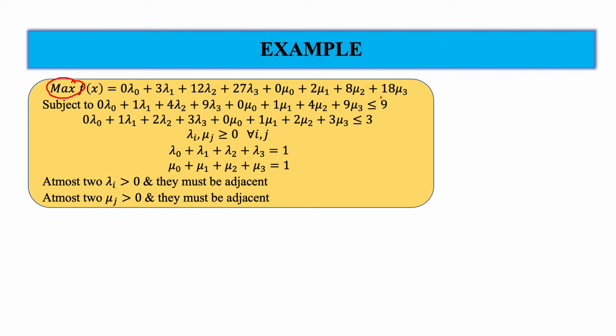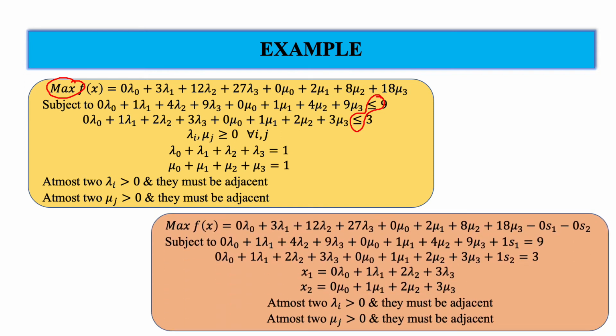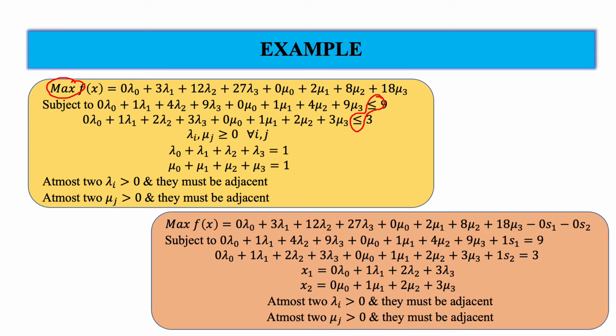All the constraints are less than or equal to form. So we simply change the inequality constraints into equations by adding slack variables S1 and S2. In this problem we have to find x1 and x2, which are given by these equations. Now let us see how to solve this problem.